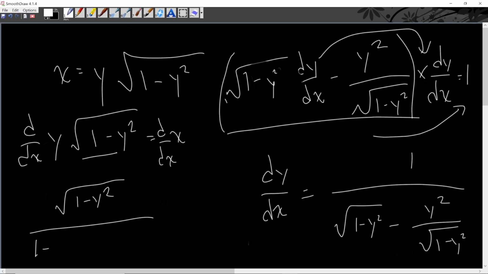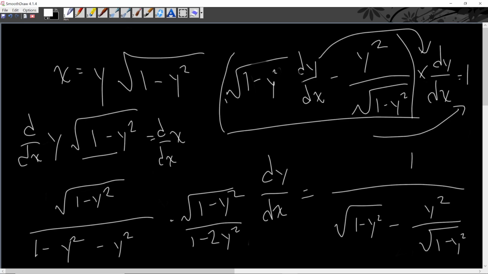Let's think. Actually, no, I'm good. So this will be times 1 minus y squared minus y squared. So we're going to be left with square root of 1 minus y squared over 1 minus 2y squared.